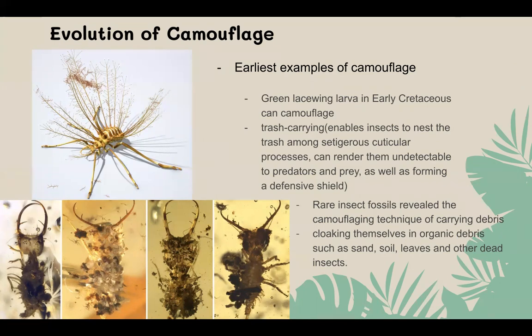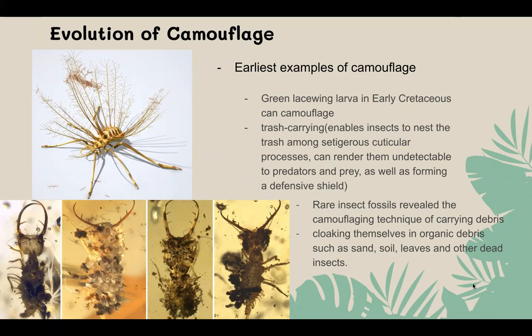This discovery they found is about a green lichen larva in early Cretaceous amber from Spain. They have the ability of trash carrying, and this trash packet successfully camouflages the larva, and it can render them nearly undetectable to predators and prey, as well as forming a defensive shield.